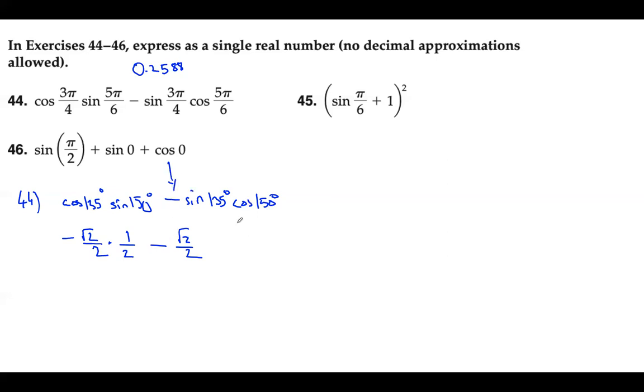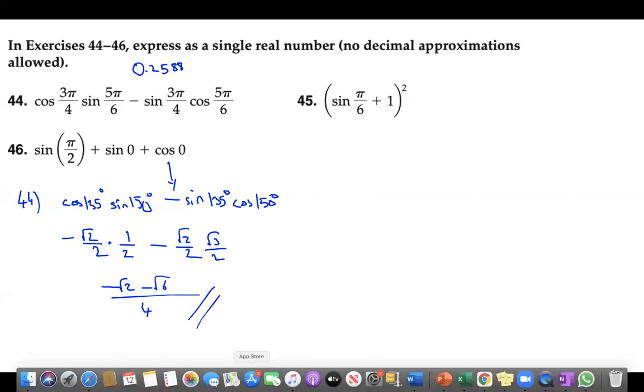Cosine 150 is cosine 30, and cosine 30 is square root 3 over 2. So I am going to write here square root 3 over 2. So if we multiply, it will be negative square root 2, and 2 times 3 is 6, so minus square root 6. 2 times 2, common denominator is 4. This is the final answer.